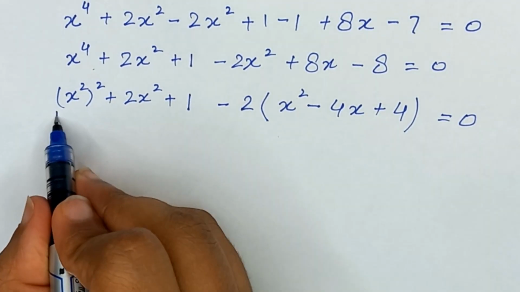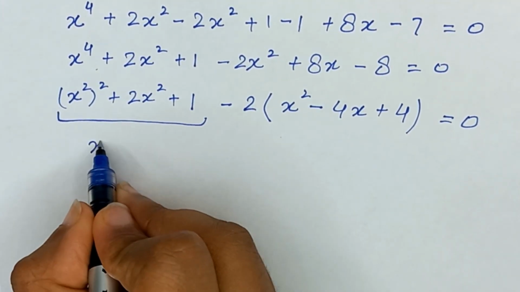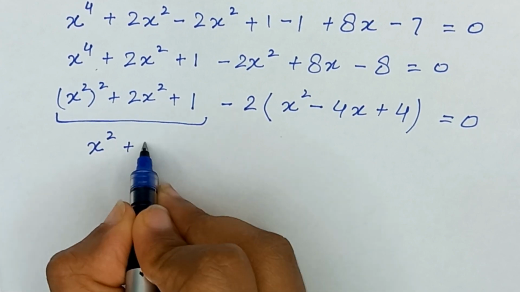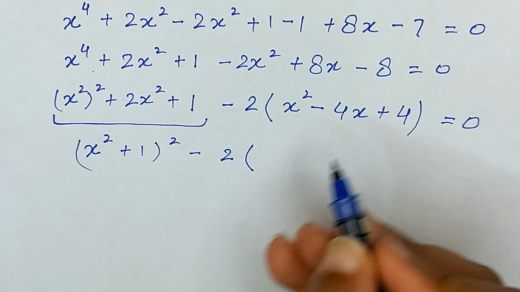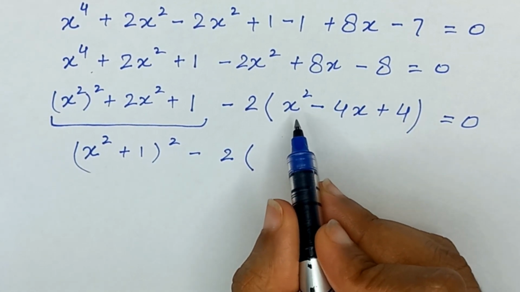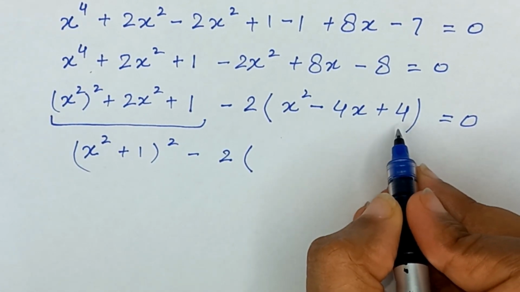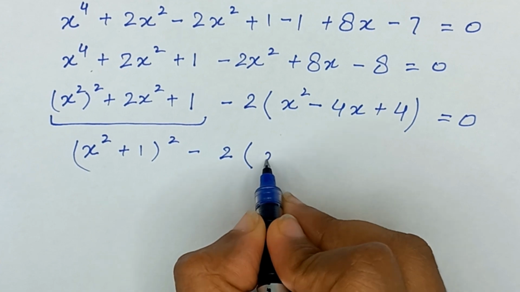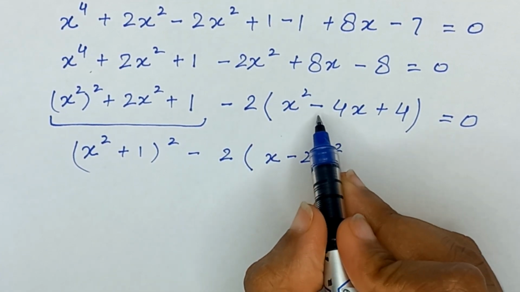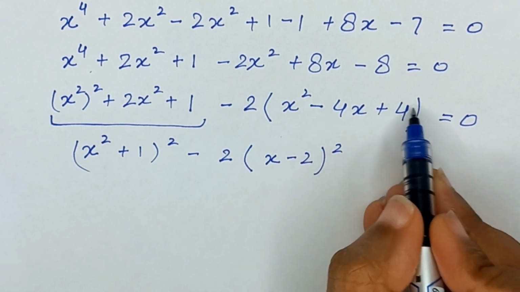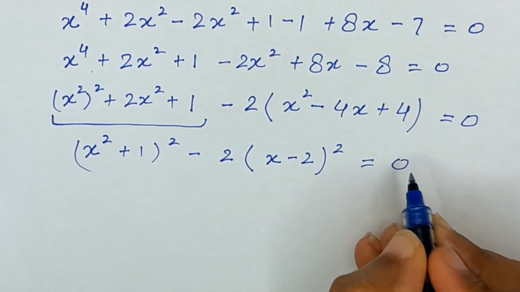Okay, so you can see that it will be x square plus 1 whole square minus 2 times, here we have x square minus 4x plus 4. So it is same as x minus 2 whole square, because here x square negative 2 times 2 of x plus here 2 square. And it will be equal to 0.